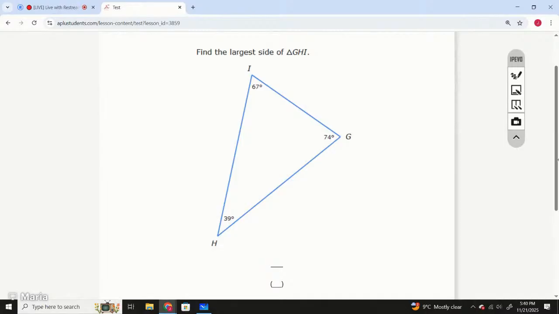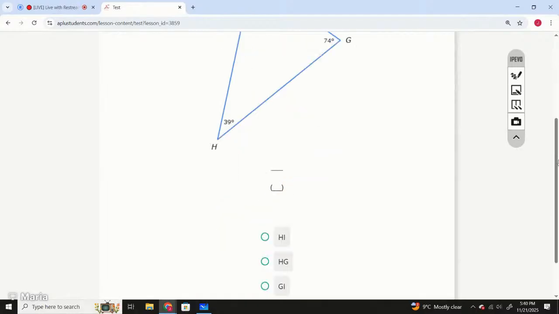So 74 is the greatest angle, that is angle H. Option number 1 is the correct option.